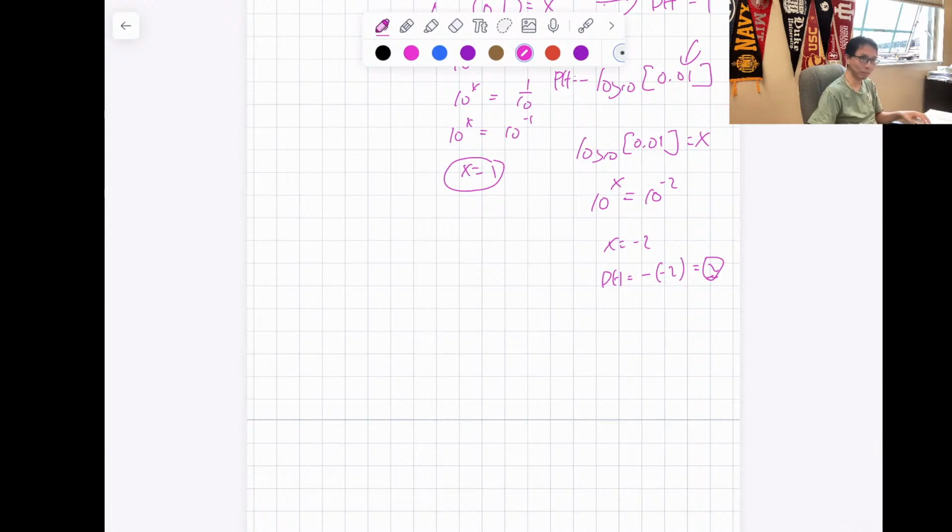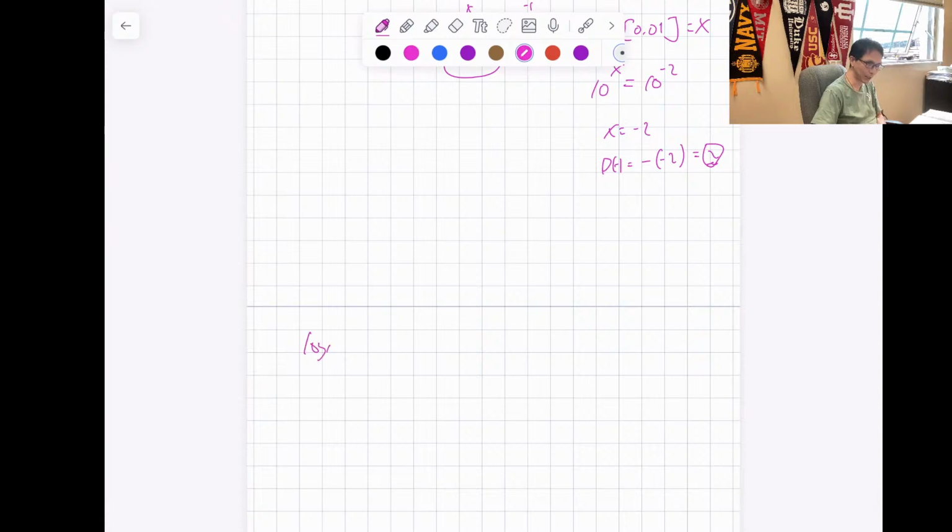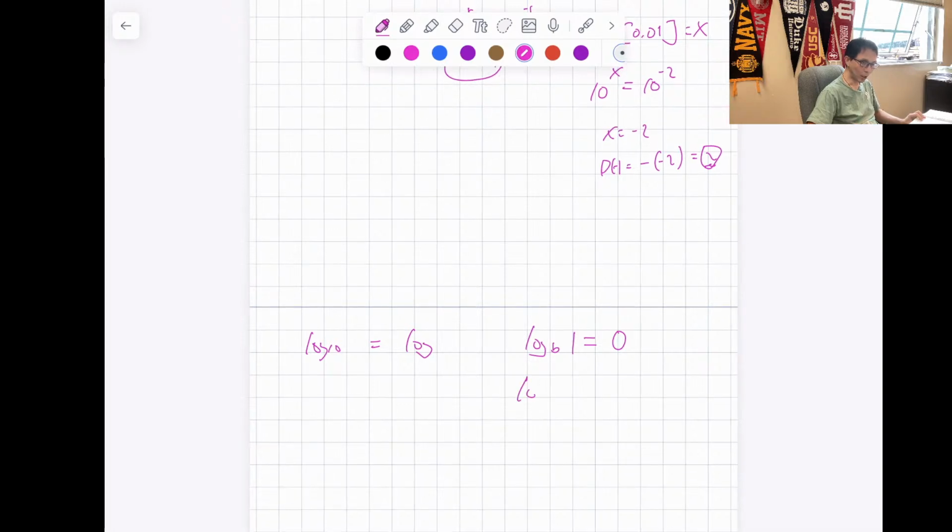With that being said, I want to talk about a couple of properties. So if you have log base 10, that means log. Now, you also have log base b. So log base b of 1 is equal to 0. That's a basic property. Why? Anything to the 0 power is 1. Do you see that? b to the 0 is 1. Also, log base b of b is equal to 1.